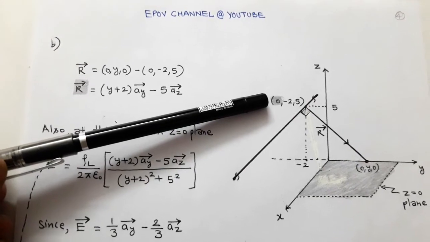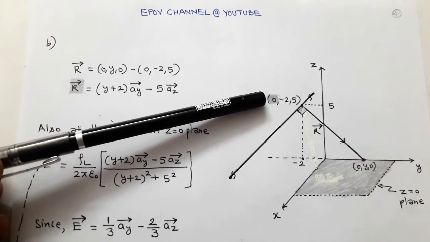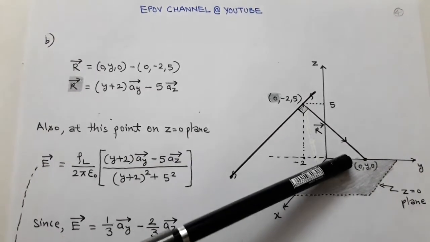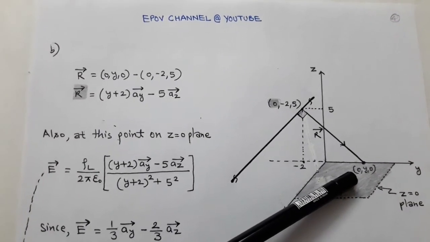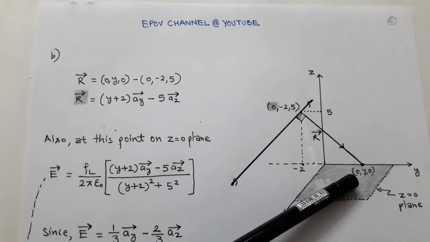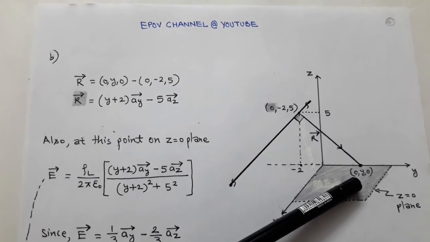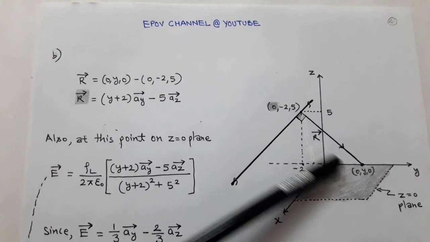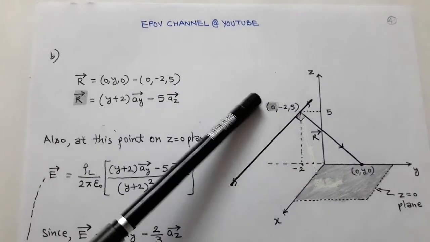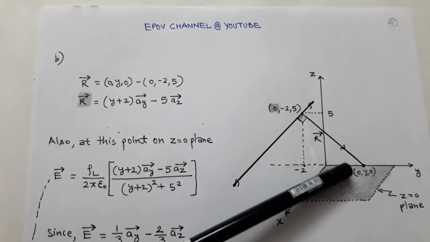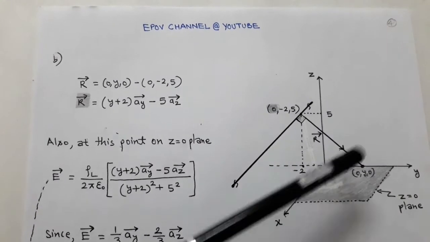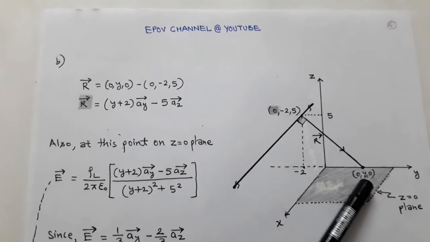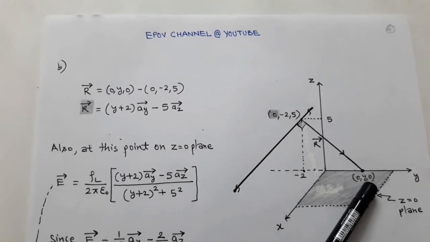So here again we have to draw a perpendicular. So we consider any point on the z equals to 0 plane, we assume it. Its point should be such that its x coordinate is same. Since the given point has x coordinate equal to 0, on the z equals to 0 plane the assumed point must also have x equals to 0.